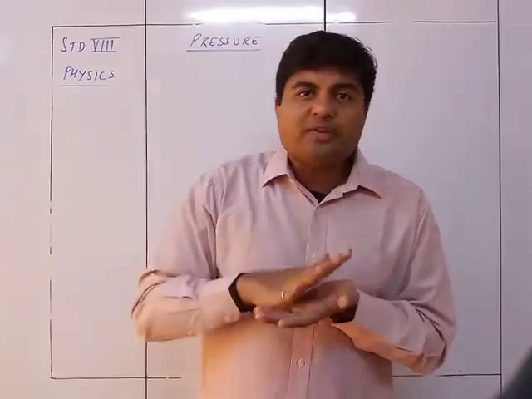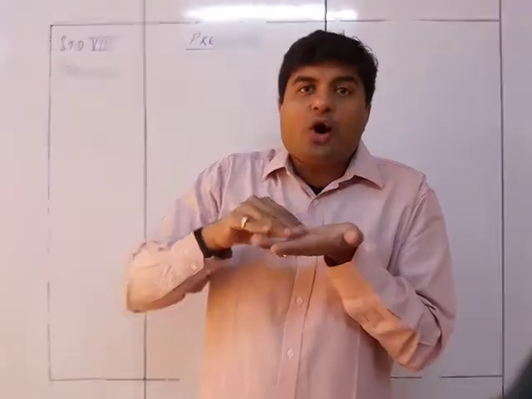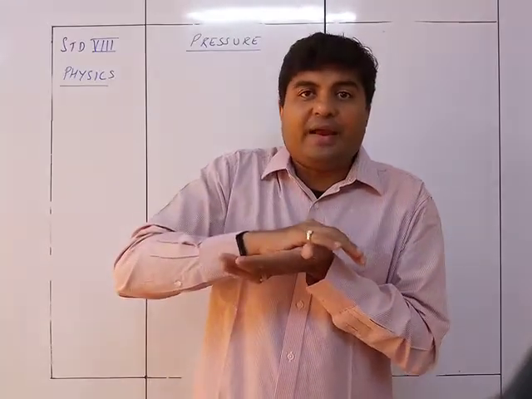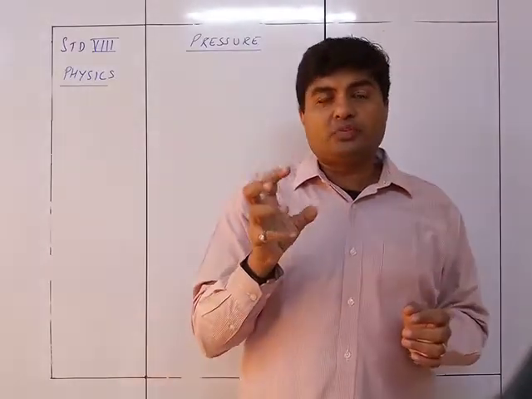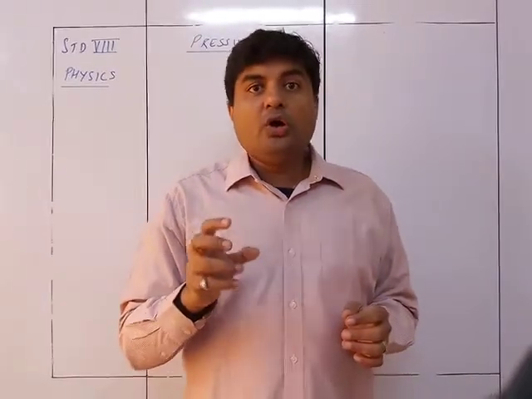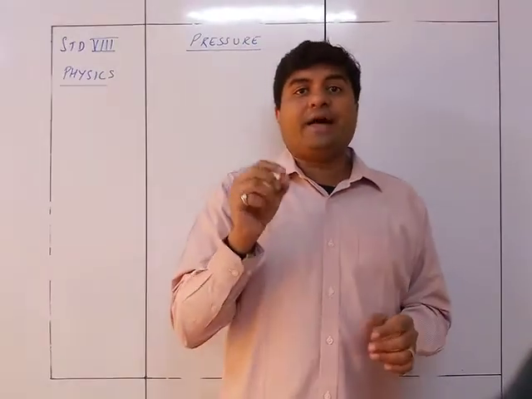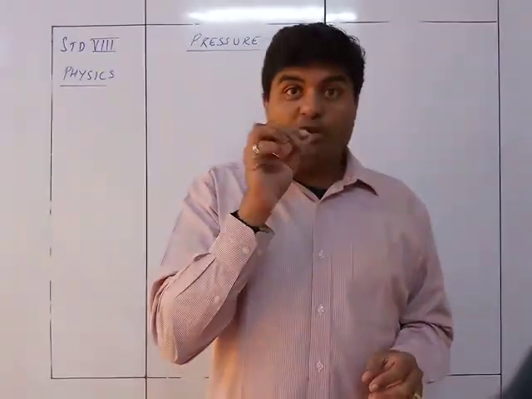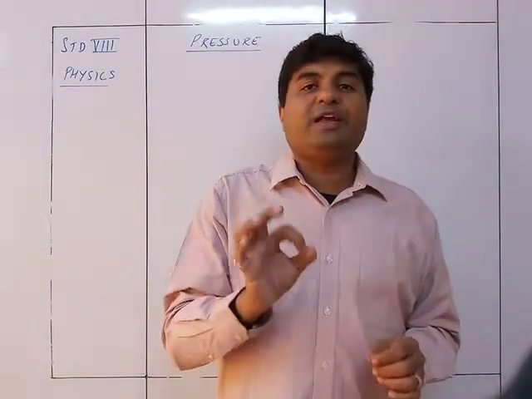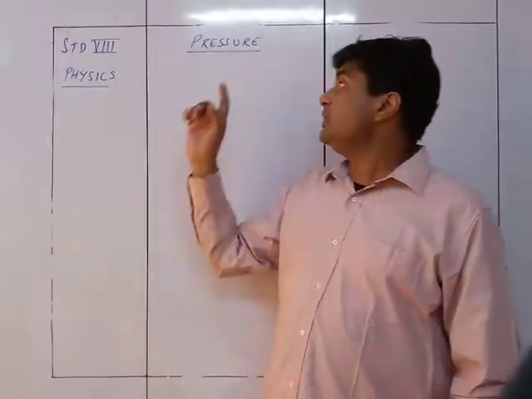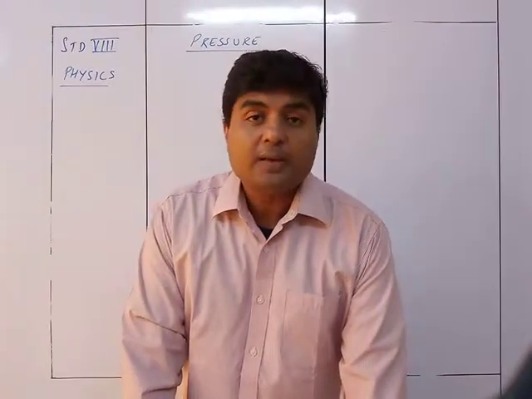So what happened? The force applied was the same, but the area on which the force was applied is becoming smaller and smaller. So force acted upon area is called pressure.